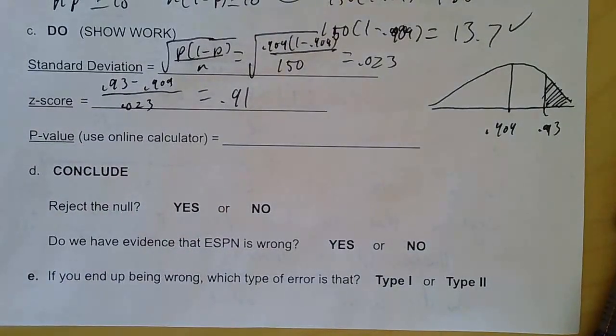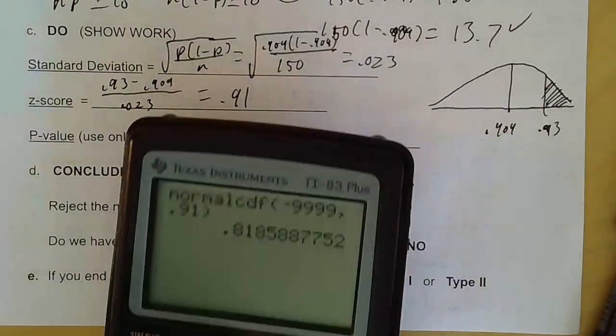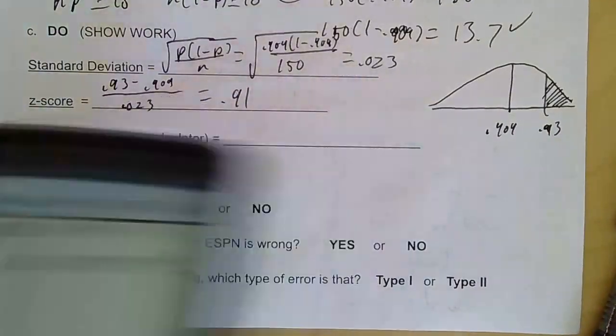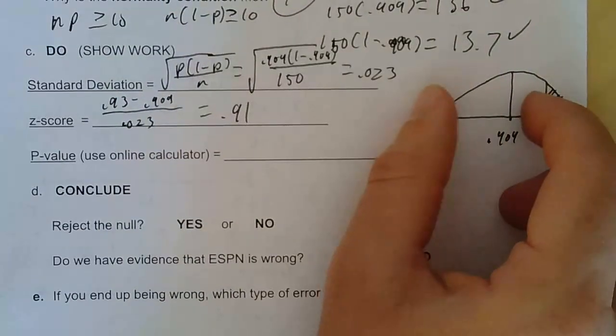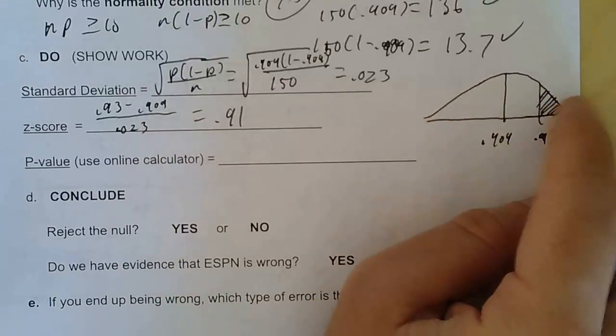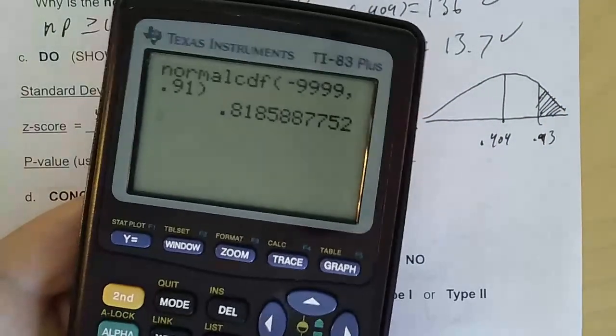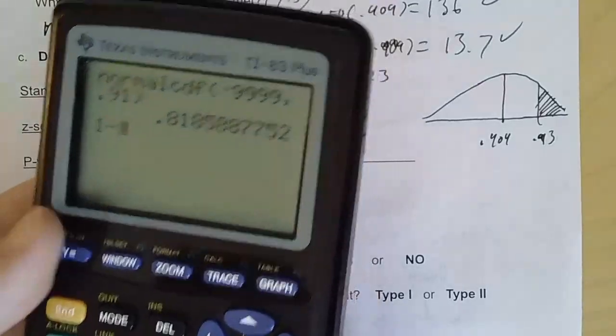I'll tell you what the value is you'll get on the sheet. This is what I'm getting, around 0.8185. That's what you get, but that's not the area I want. That's all this area here. If it's right-sided, you have to take 1 minus that area.